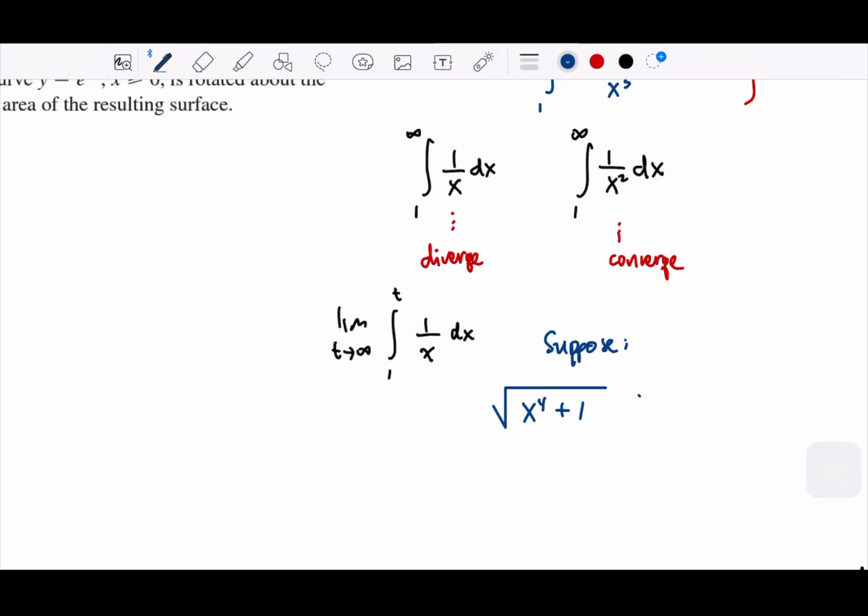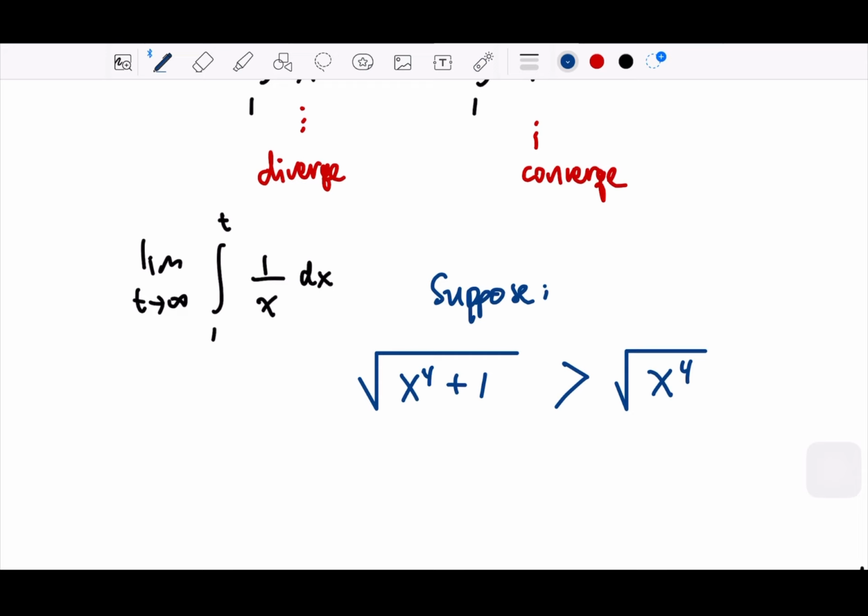Of course, this will be greater than x to the power of 4, like that, right? Pretty much makes sense. And the square root of x to the power of 4 is x squared. So this is true for x positive.